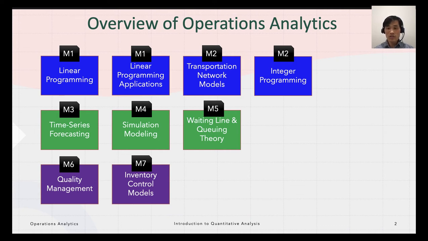These models include the transportation problem, the transshipment problem, the assignment problem, the maximum flow problem, and the minimum spanning tree problem. The use of linear programming software will be the primary means of solving these problems in this module.